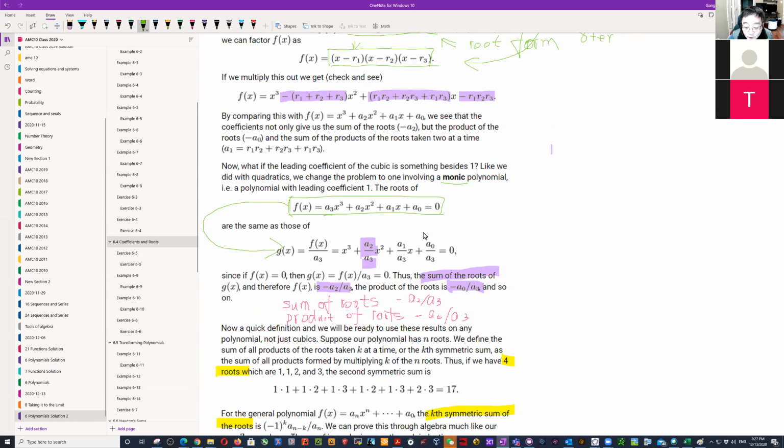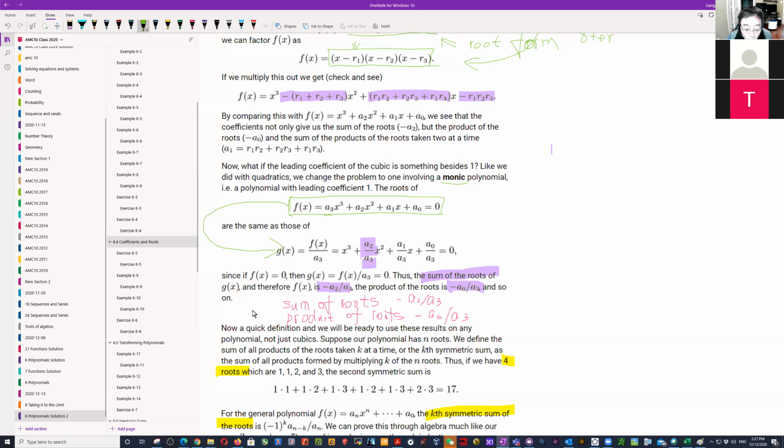So the coefficient looks like this: the denominator is always the leading term, and the numerator is the second, third, and all the way to the last term.